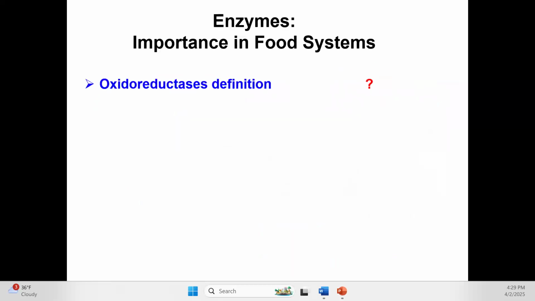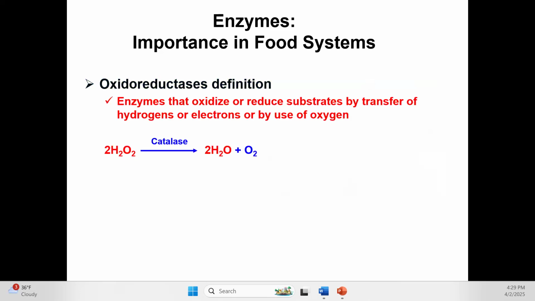Okay, so oxidoreductases. What is the definition of oxidoreductases? Yeah, it's the transfer of electrons and hydrogens in the reaction. So catalase or peroxidase breaks down peroxide into water and oxygen.